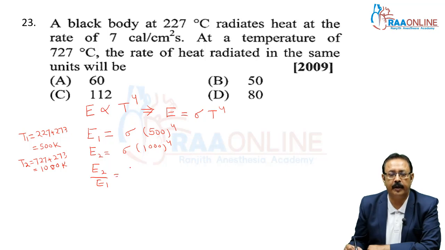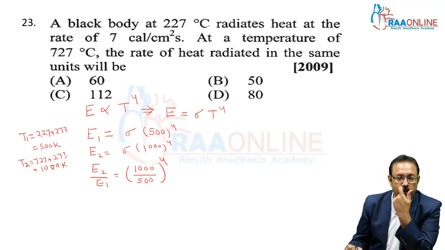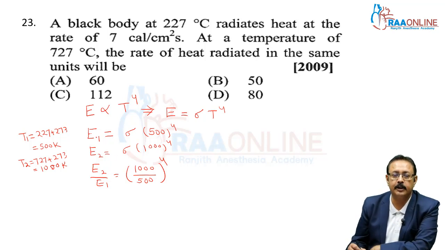The power is the same, so I am writing both terms in one bracket and putting the power on that bracket. So I am getting this raised to the power 4. E2 corresponds to 1000, E1 corresponds to 500. 500 twos are 1000. So we are getting E2 equal to E1 into 2 raised to the power 4, means 16.